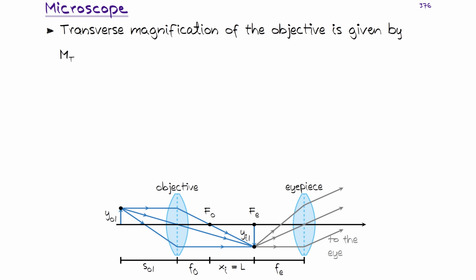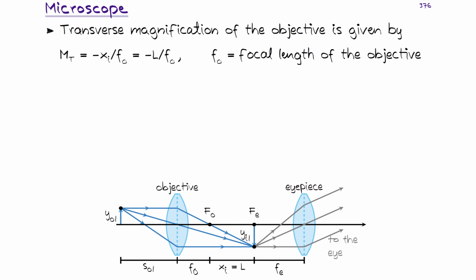Now, let's look into the magnification that we can get. So basically, the transverse magnification is known to be minus xi per FO. So if you place in the barrel length, the tube length L, then the transverse magnification of my objective lens is basically just minus L divided by FO, where FO is the focal length of my objective.